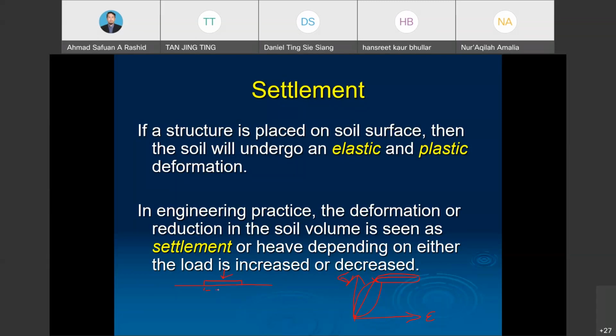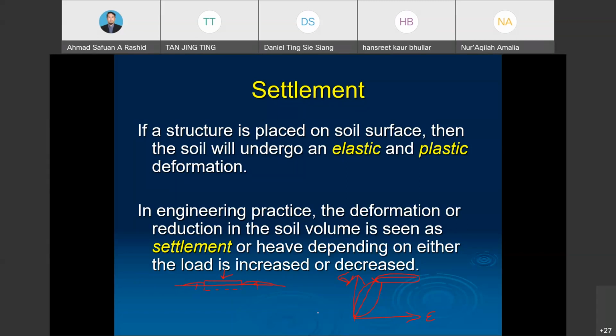This we consider as settlement behavior. At the same time, there will be a movement of soil upward adjacent to the footing, and this behavior we call a heave condition.